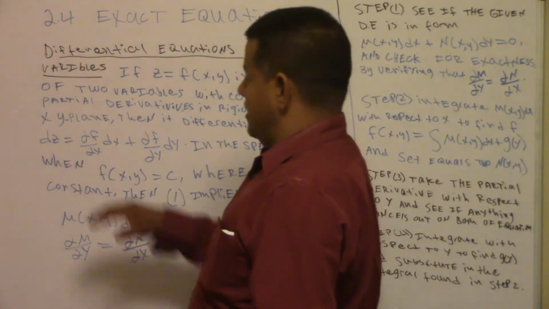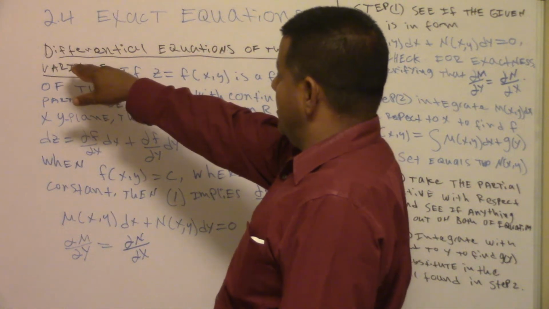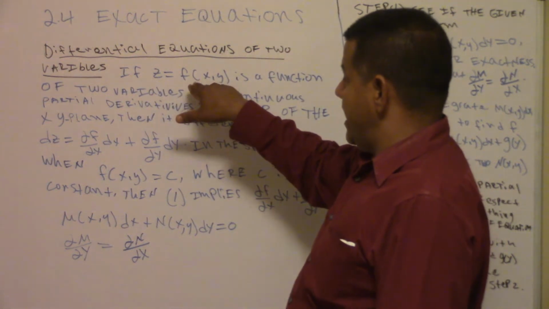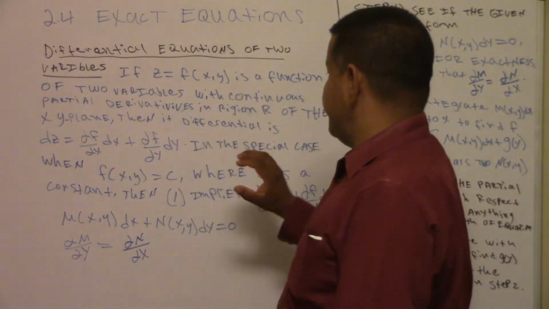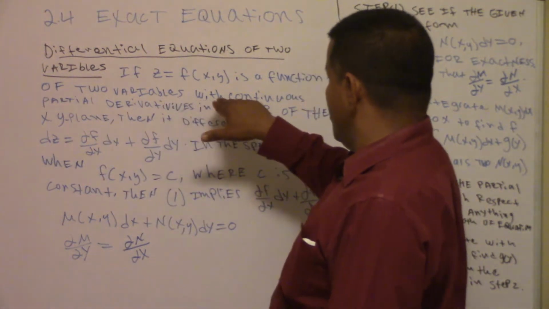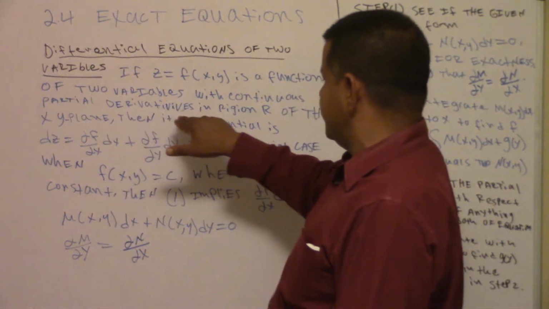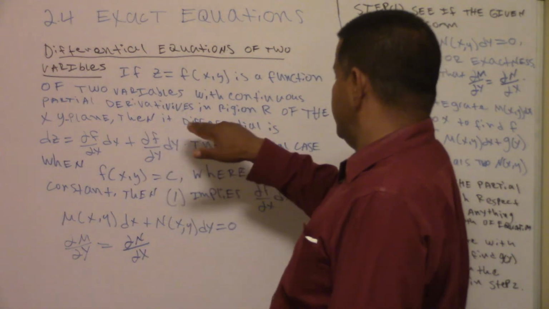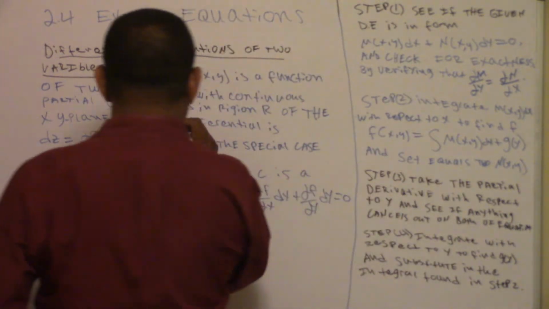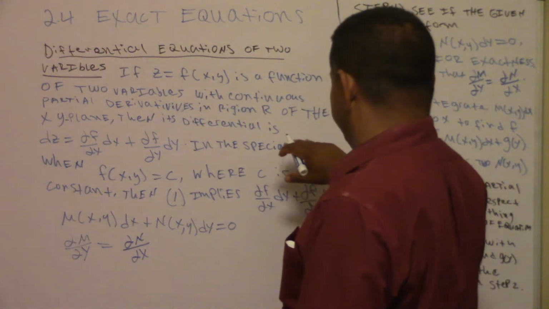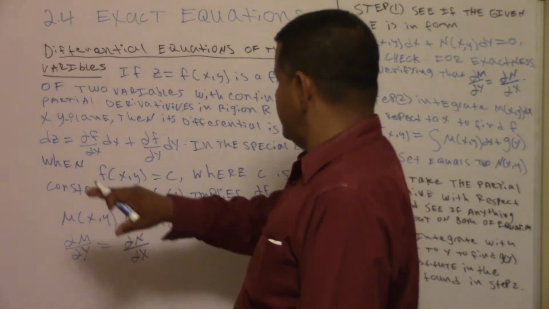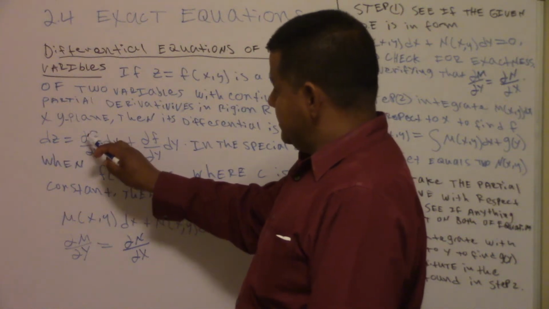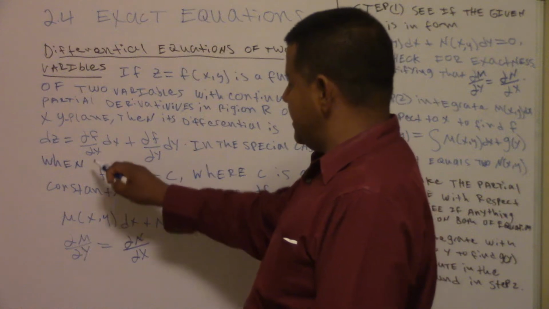So in this case we have differential equations of two variables: if c is equal to a function f depending on x and y variables, a function of two variables with continuous partial derivatives in the region R on the xy plane, then its differential is dc equal df over dx.